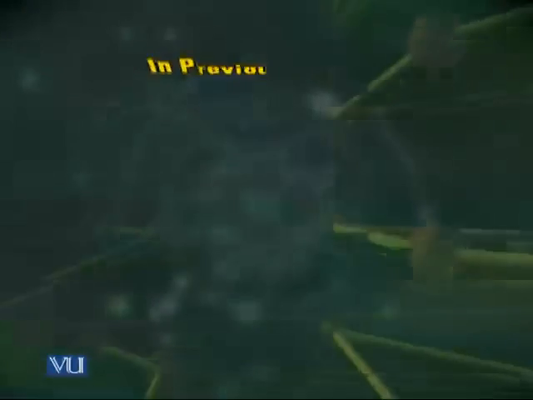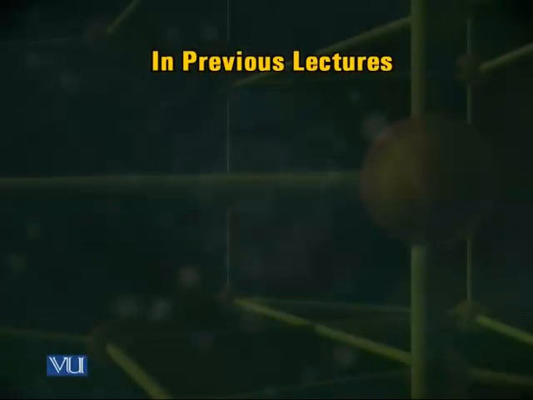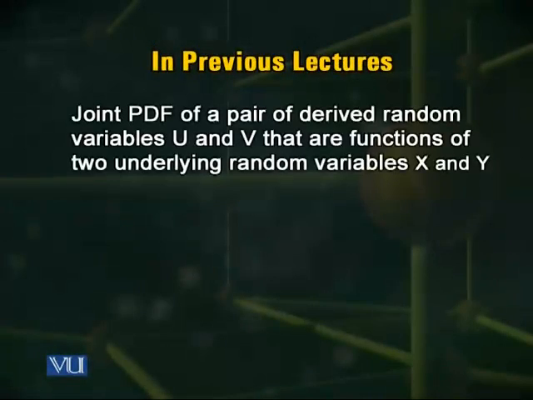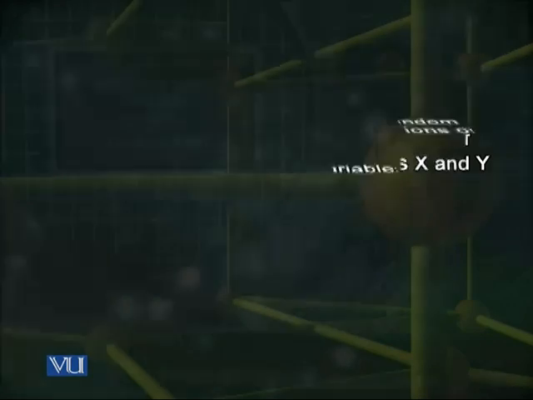In last lecture, we were working with pair of transformed random variables which assume their values based on values of two other random variables which we call underlying random variables.